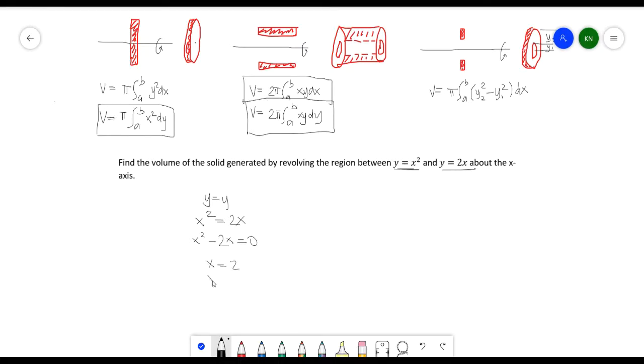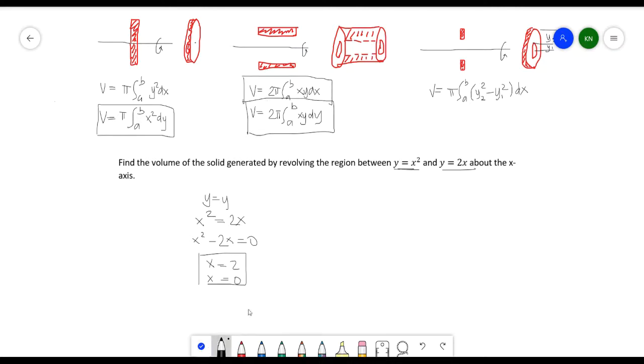This is now the limits that we will be expecting later on if we graph or if we substitute values to our equations. So again, we have x is equal to 2 and x is equal to 0.